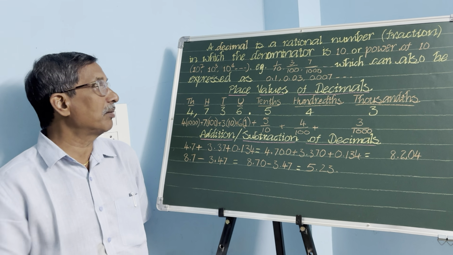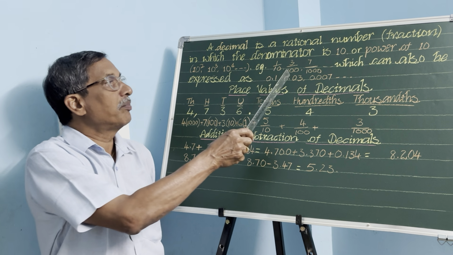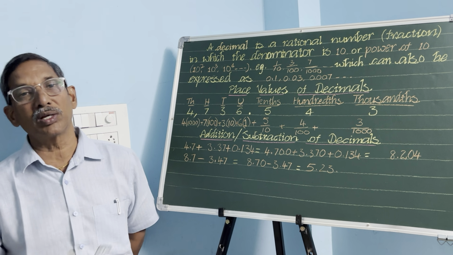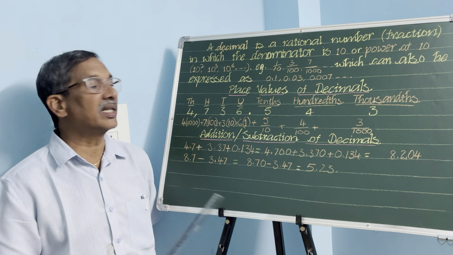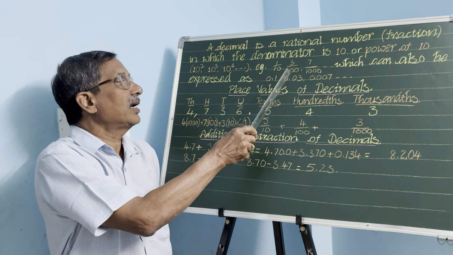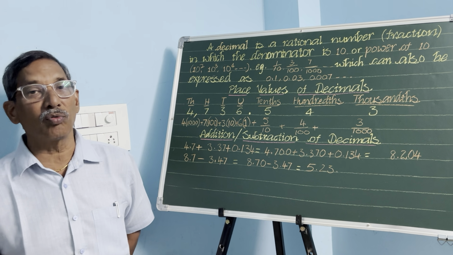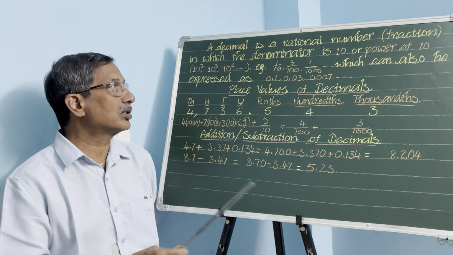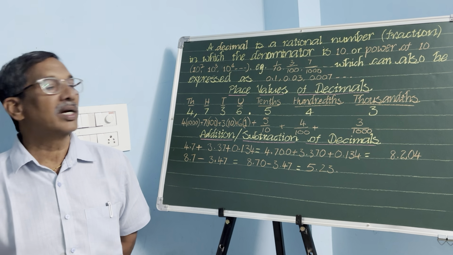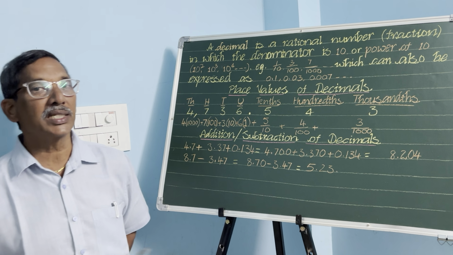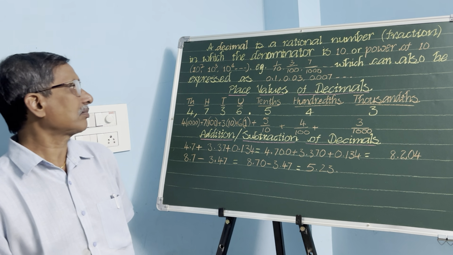Examples of decimal numbers are 1 by 10, 3 by 100, 7 by 1000. The denominators here are 10, 100, 1000, 10,000, 1 lakh, 1 million, etc. So these numbers are called decimal numbers or decimal fractions.